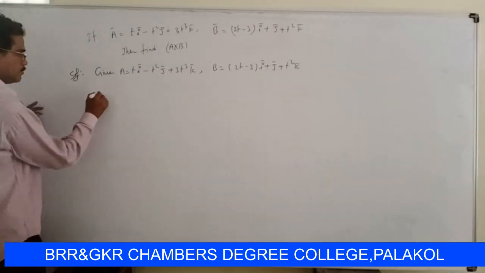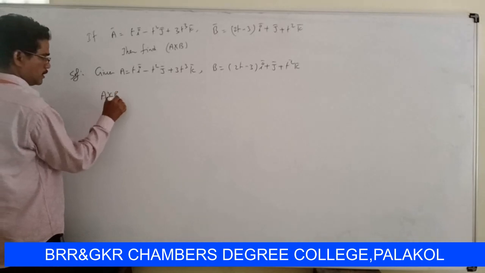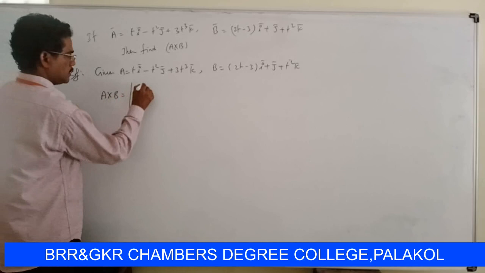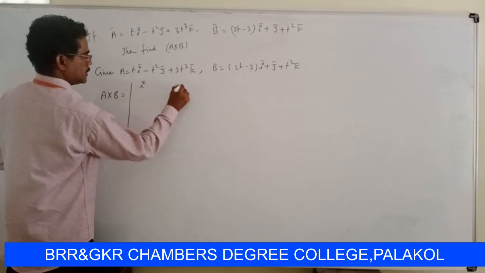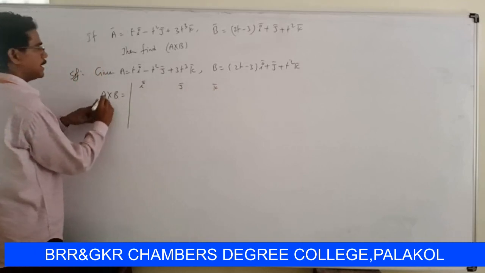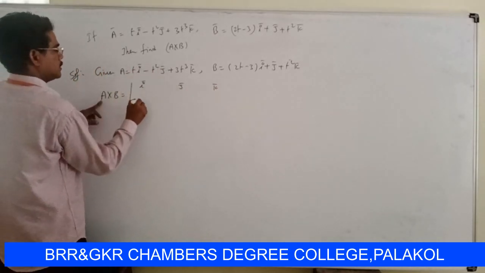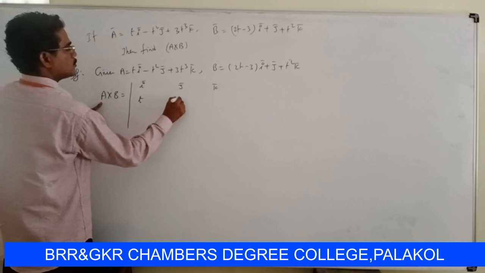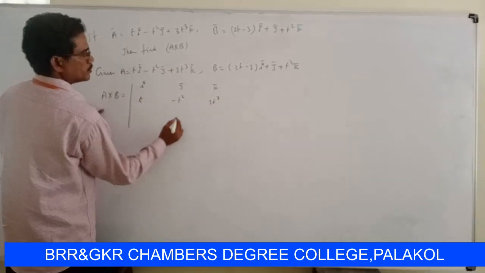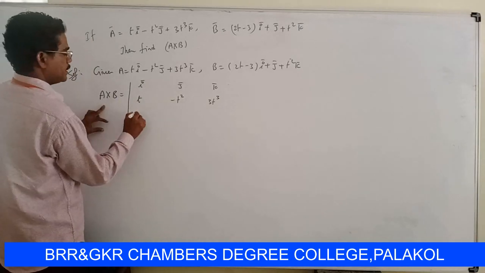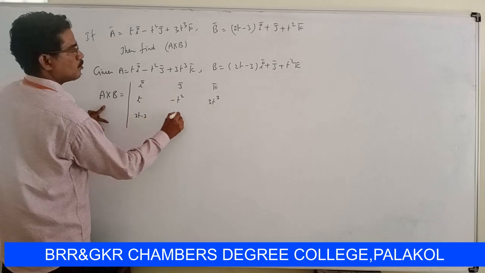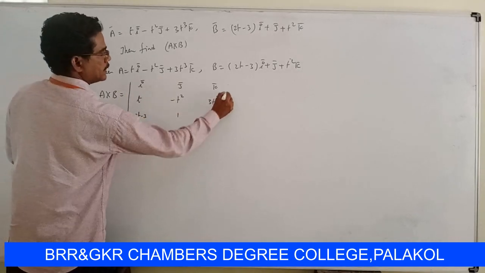Now a cross b equal to the matrix, first row i, second j and third k. Here a means the constants, that means t, minus t square and t cube. Next, the vector of b is 2t minus 3, 1, and t square.